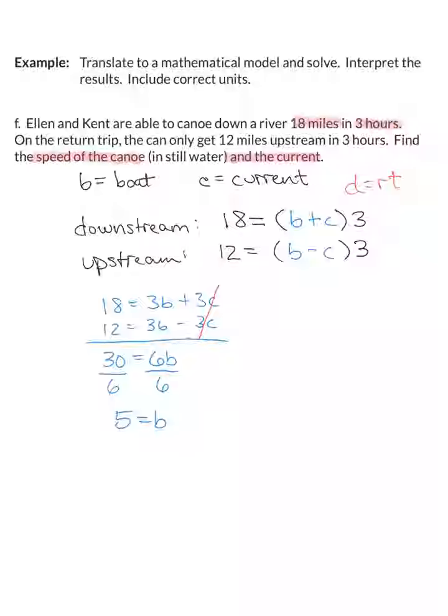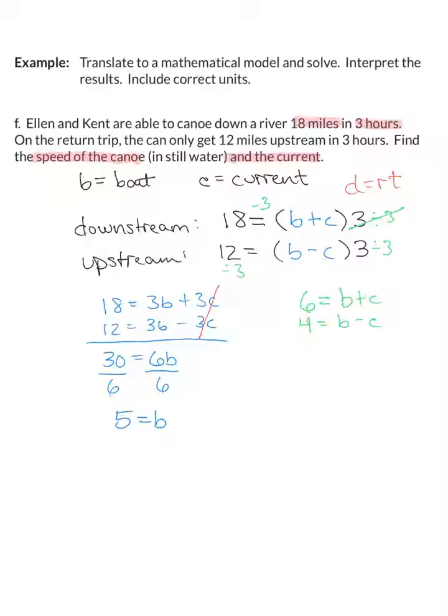Okay, that's fine and all, but another thing that you can do, instead of distributing, is I can divide both sides of my equation by 3, so that we get 6 equals b plus c. Same thing on the second one. We can divide by 3. We get 4 equals b minus c.